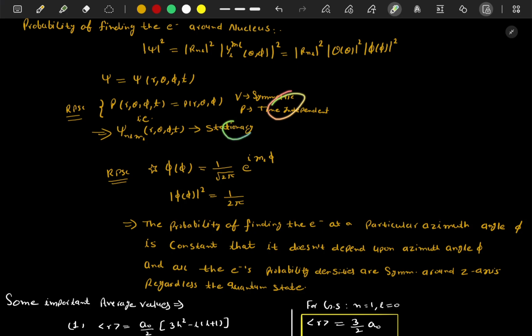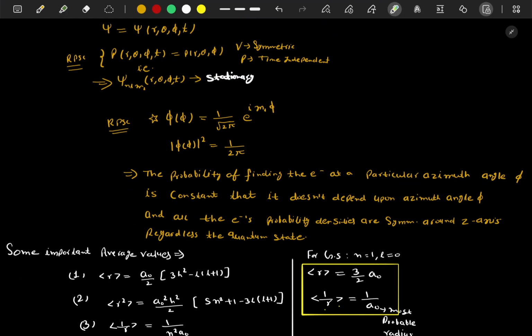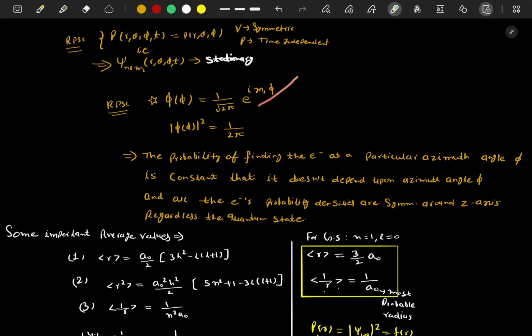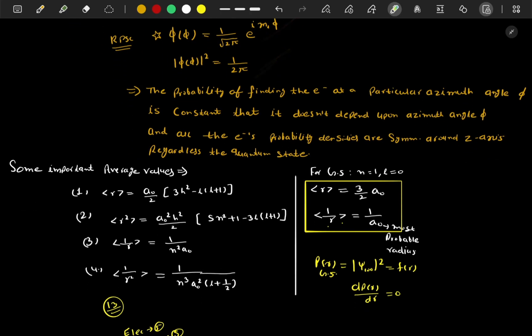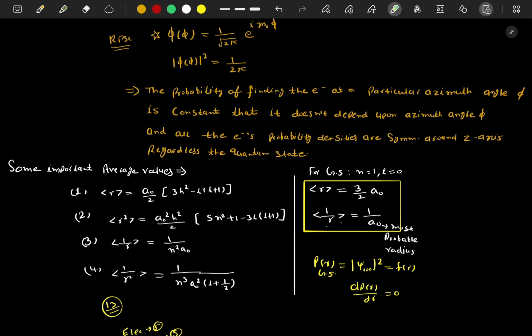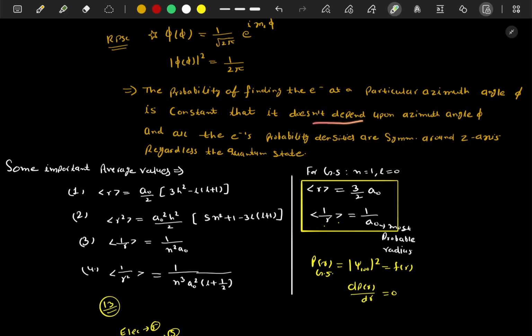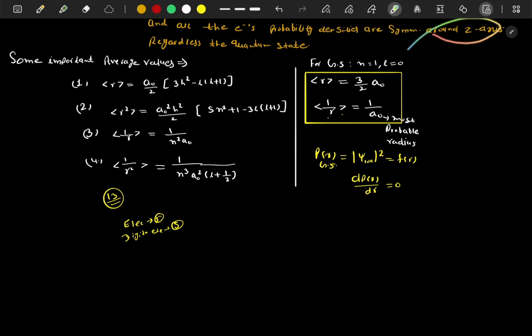So probability is stationary. This was the phi. If we square it, we are having 1 upon 2 pi. So the probability of finding the electron at a particular azimuthal angle phi is constant and does not depend on the angle. So the electron probability density is symmetric around z-axis regardless of the quantum state.